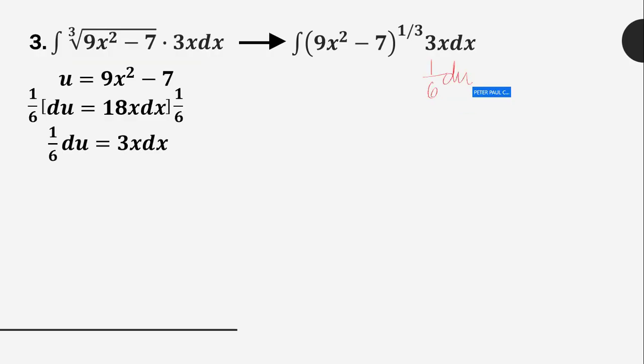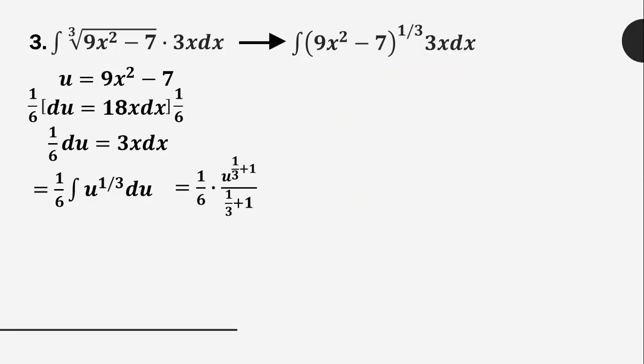And then this could be rewritten as u raised to 1/3. We will put 1 over 6 in front. So that becomes 1 over 6 integral of u raised to 1/3 du. So that is how you answer that one. Okay? Then from that, we can apply now plus 1.